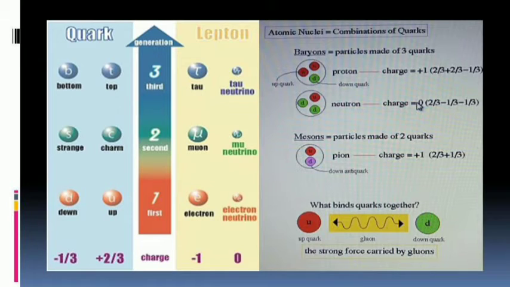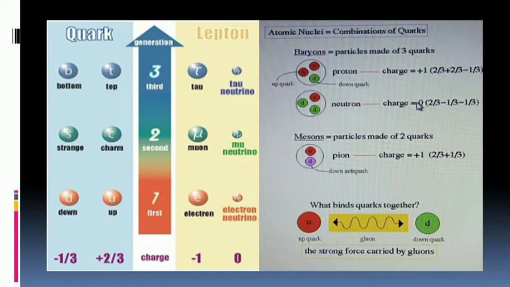A baryon is a particle made up of 3 quarks. Proton is a 3-quark particle with a charge of +1, because it contains 2 up quarks and 1 down quark. As in the picture, -1/3 charge is for the down quark and +2/3 charge is for the up quark. When the 3 quarks combine to make a proton, the charge equals +1.